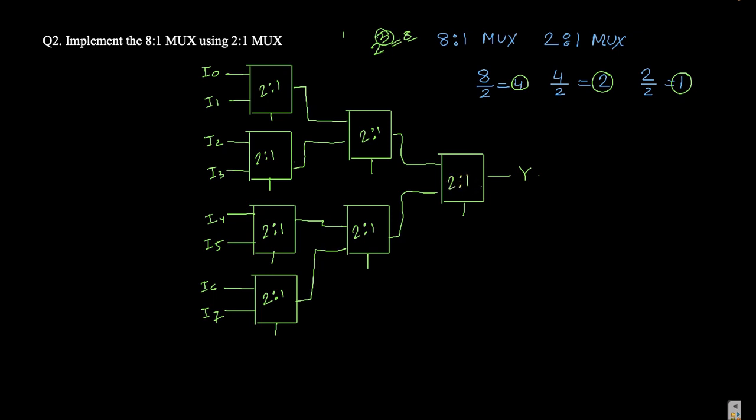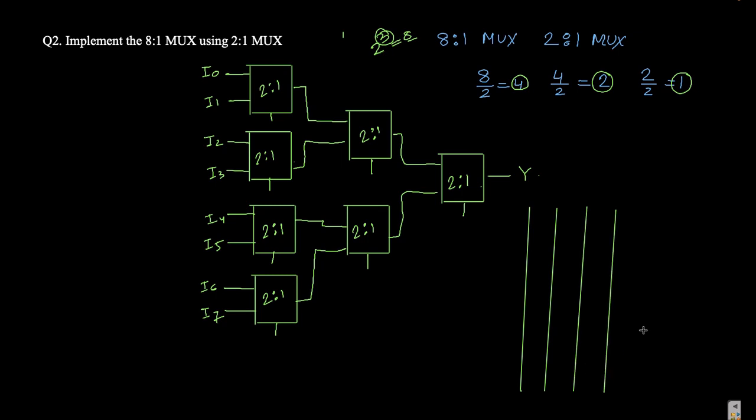Now we have to write down the truth table for 3 variables. How can we write the truth table? This is S0, S1, this is your S2, and this is your Y out.